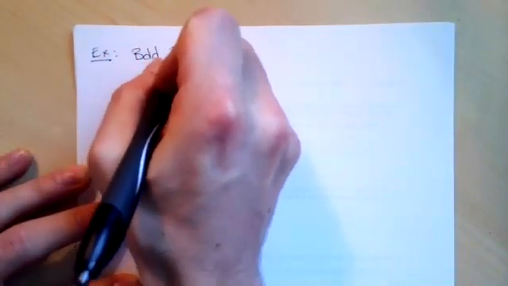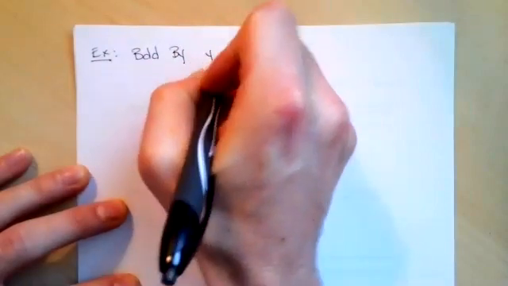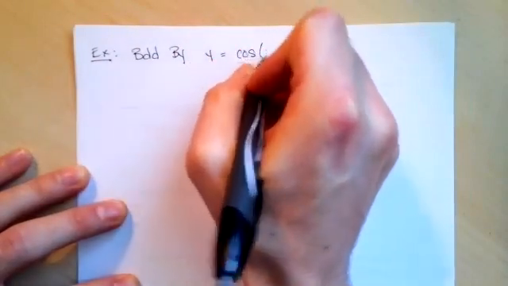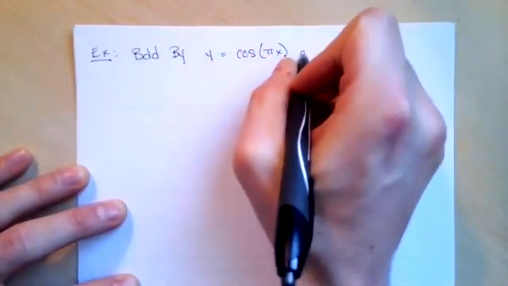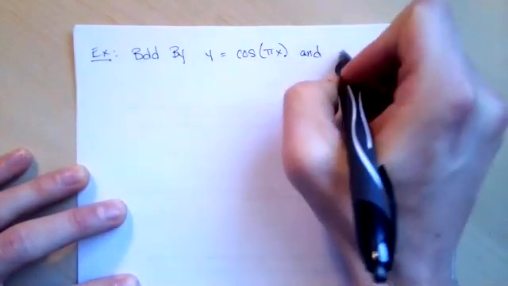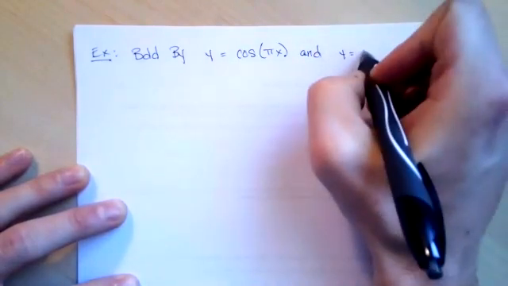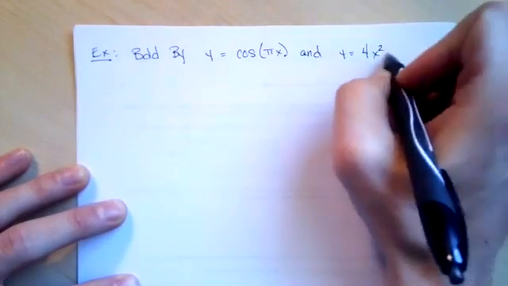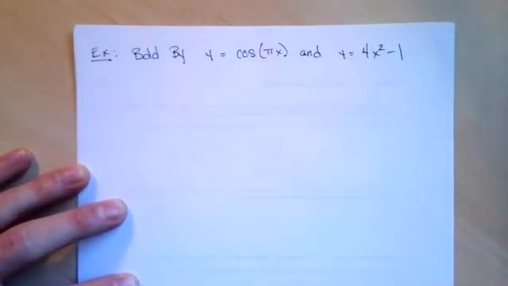So let's see. Bounded by y equals cosine of pi x and y equals 4x squared minus 1.